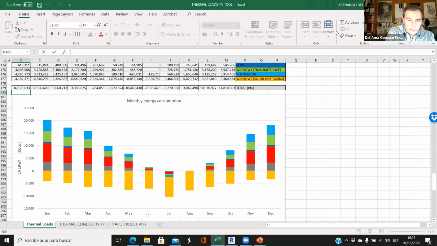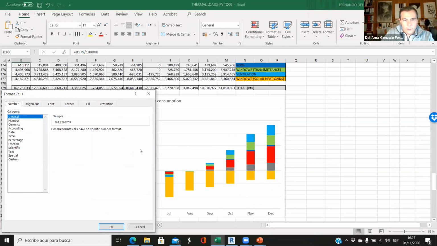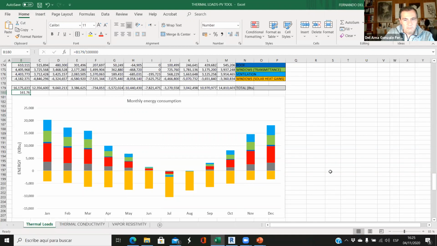Okay, so let's transform this into therms. We can say equals this divided by 100,000. And I want only 2 decimal places. Okay, it's 161.